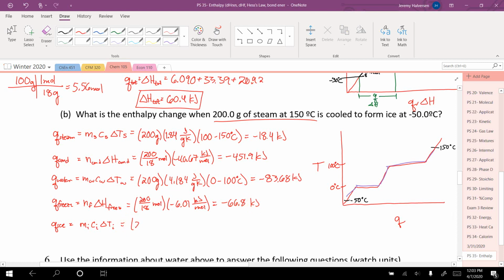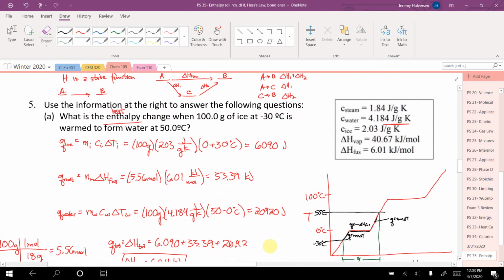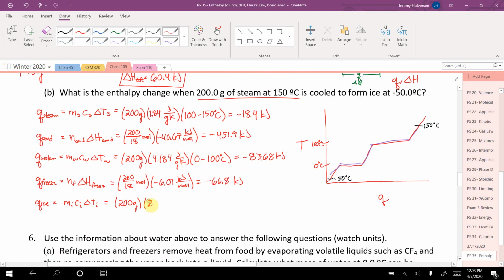And lastly, heat capacity of my ice is going to be 2.03. My ice is ending at negative 50, starting at 0. That gives me negative 20.3 kilojoules.